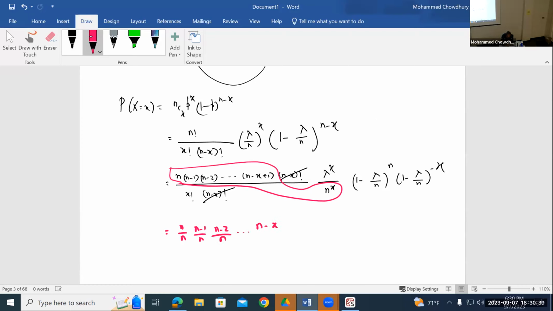Okay. So what we have finally: this is our binomial distribution. From there, after these operations, when n goes to infinity, we come up with a new distribution.